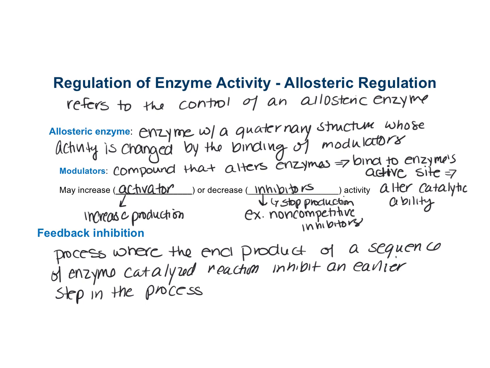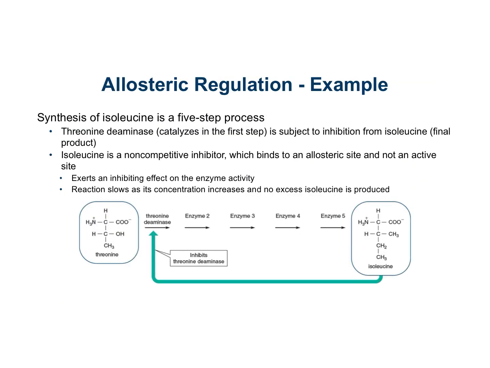Now, let's look at an example of allosteric regulation. A really great example of this is the amino acid synthesis of isoleucine. The synthesis of isoleucine is a 5-step process, and threonine deaminase, which is shown right here, is the enzyme that catalyzes the first step of the conversion from threonine to isoleucine, okay?